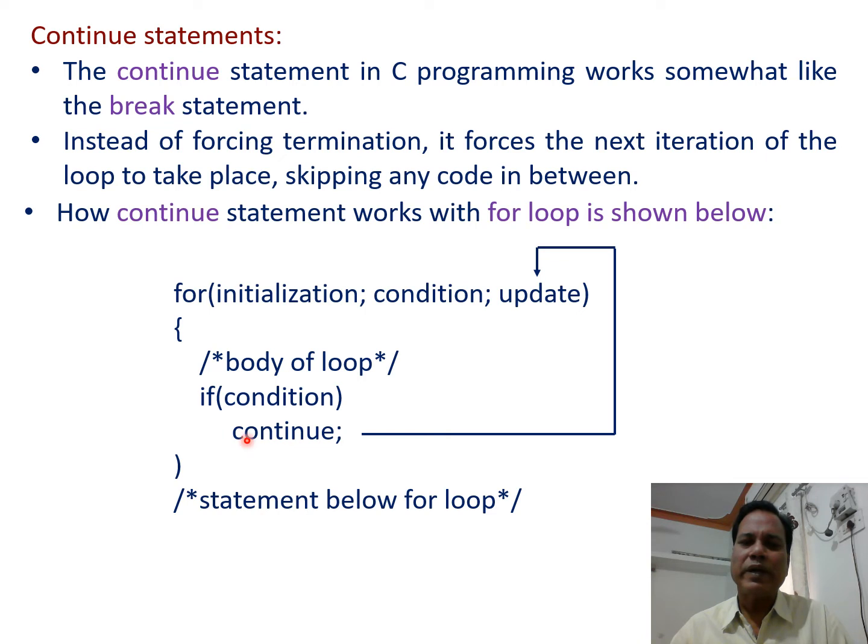So whenever the continue statement is executed, that is, when the condition is true for the if statement, this continue statement updates the control variable in the for loop, and then the condition is tested.